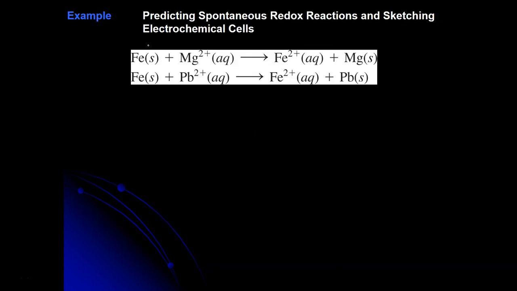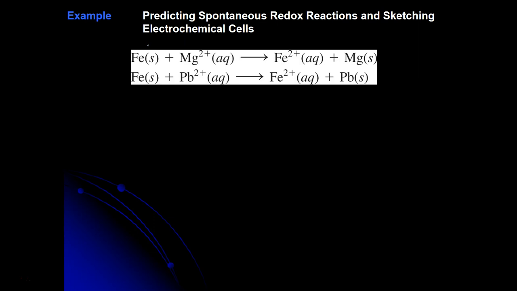Let's take a look at another example. We've got these two options here. Iron solid, and magnesium 2 plus going to iron 2 plus, magnesium solid. Well, this would mean in that top reaction that iron is being oxidized and magnesium is being reduced. In the bottom reaction, you've got solid iron and lead, and take a look: iron is still shown as being oxidized and lead is being reduced.